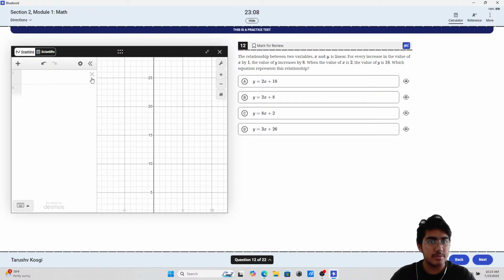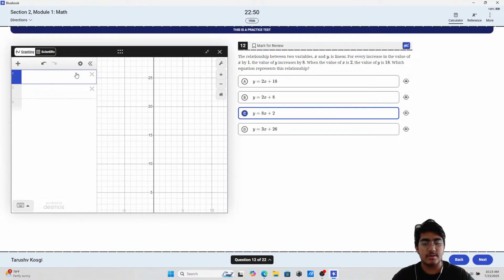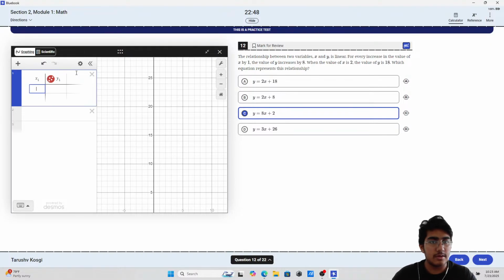The relationship between two variables x and y is linear for every increase in the value of x by 1. So slope is 8. Y equals. Okay, so we can probably get a table in here. So when it's 2, it's 18.